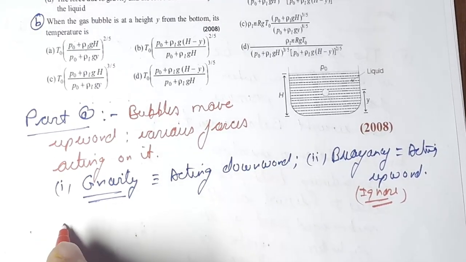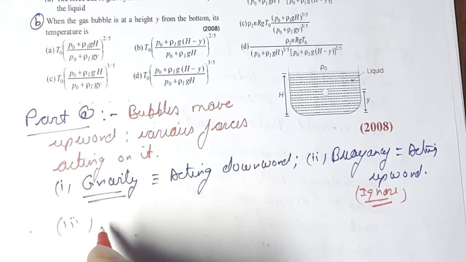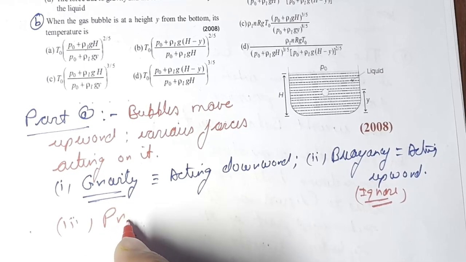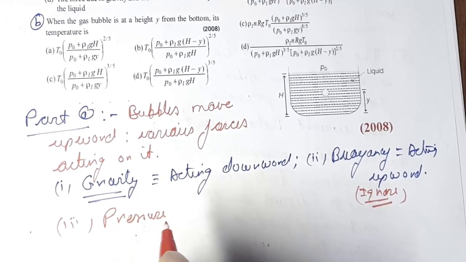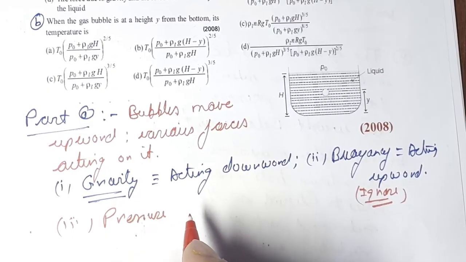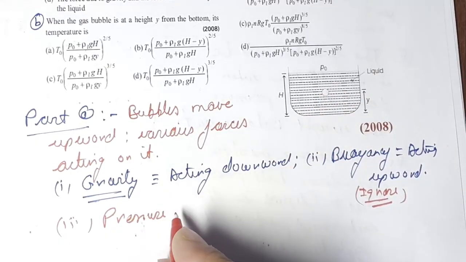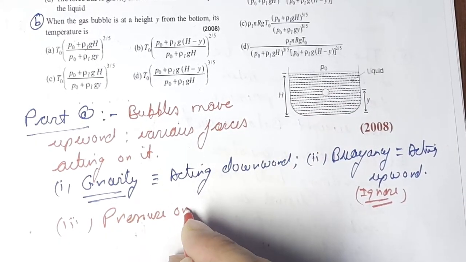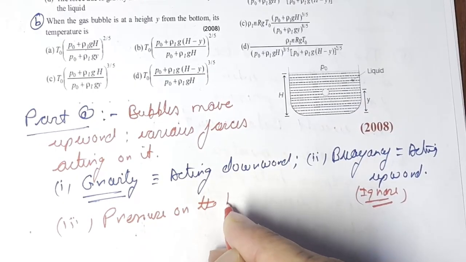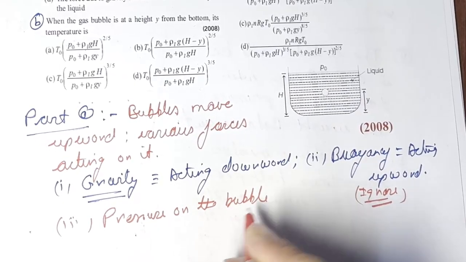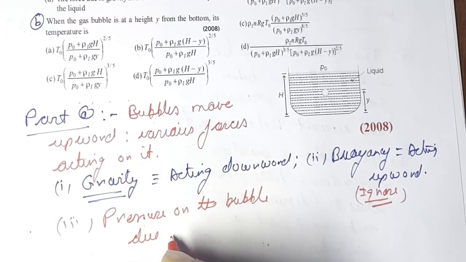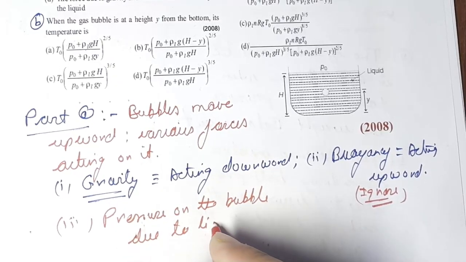Third will be our pressure, and this pressure will be from the liquid, from all the sides, pressure on the bubble due to liquid.